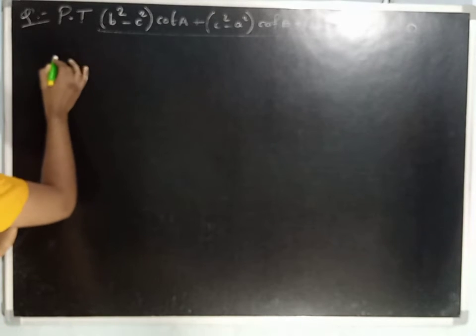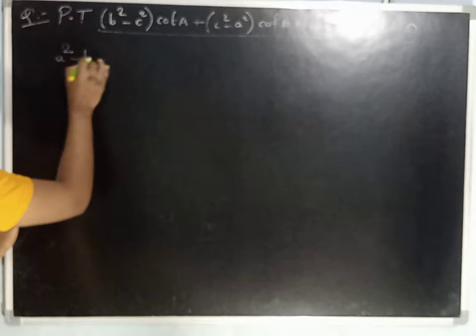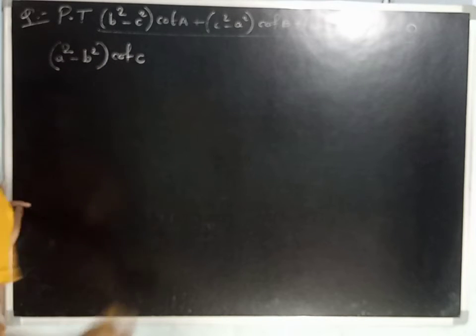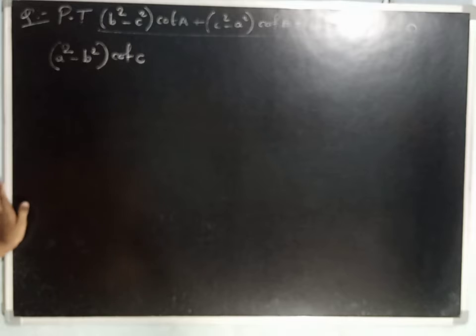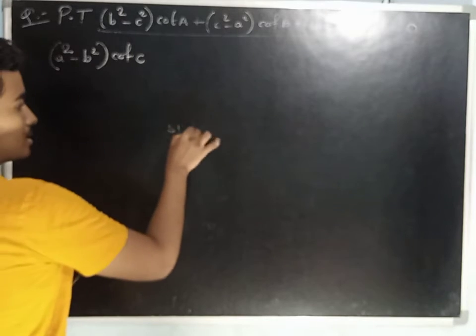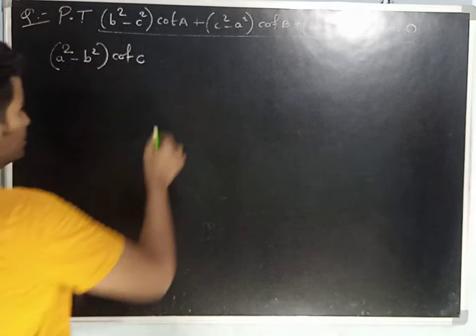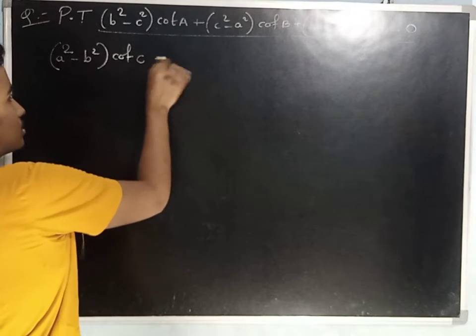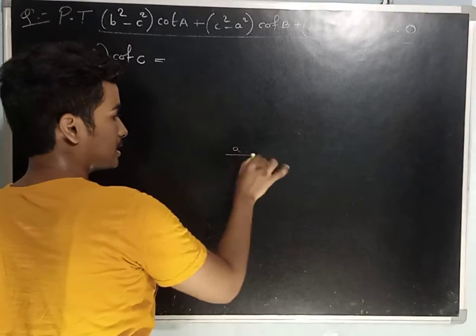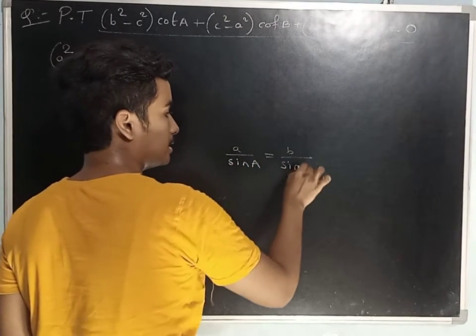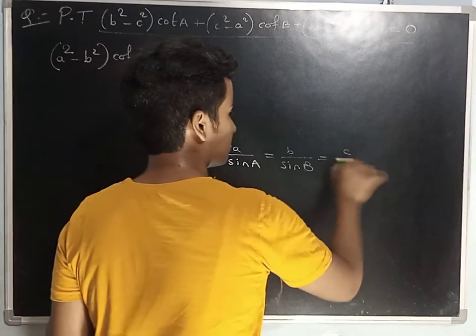Suppose, let me consider a square minus b square into cot c. Here we have the sine rule, that is a by sine a is equal to b by sine b is equal to c by sine c.